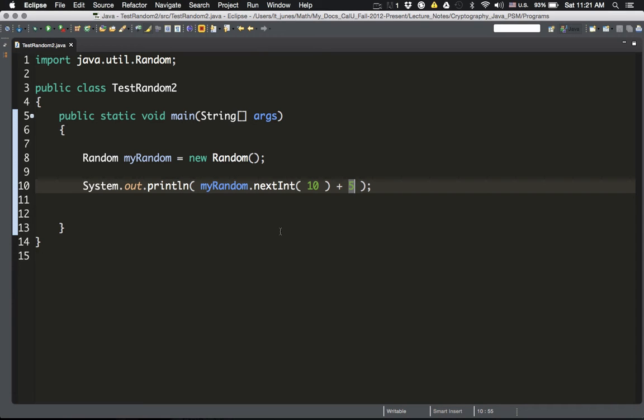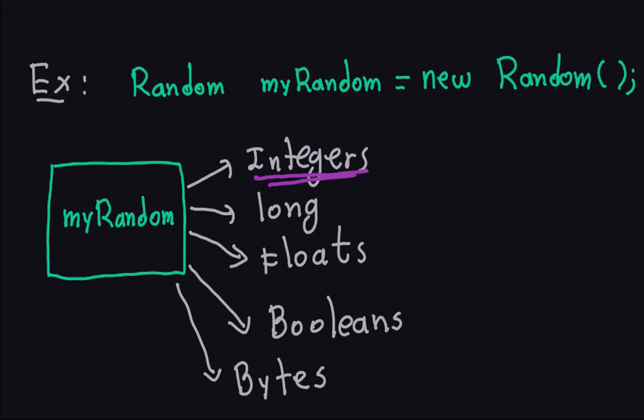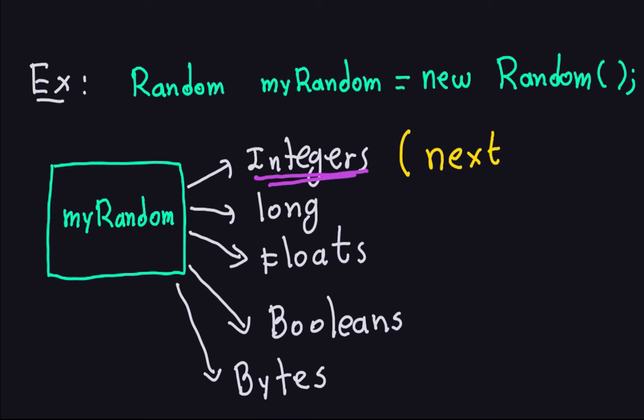So let me go back to the other part of the video. As you saw in the Eclipse application, what you can do is generate random integers between any ranges. And remember the one that you're gonna use there is next int with capital I. So you put whatever the name of your object is, dot next int.